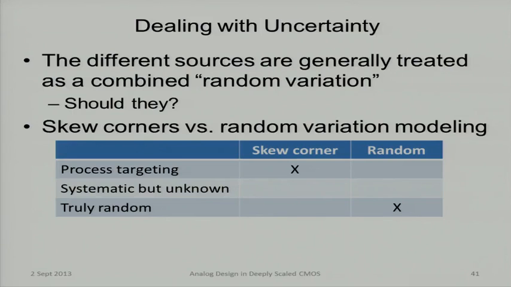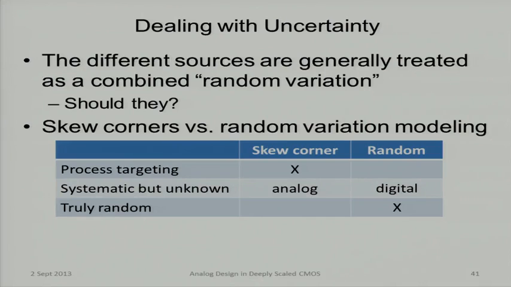But what do I do with those systematic but unknown effects? And there I would say, I'm an analog designer. Any analog designer worth his salt will recognize that you control for these effects by managing your layout very, very carefully. And any digital designer who's paying attention realizes that you'll never get any productivity by paying attention to these things.